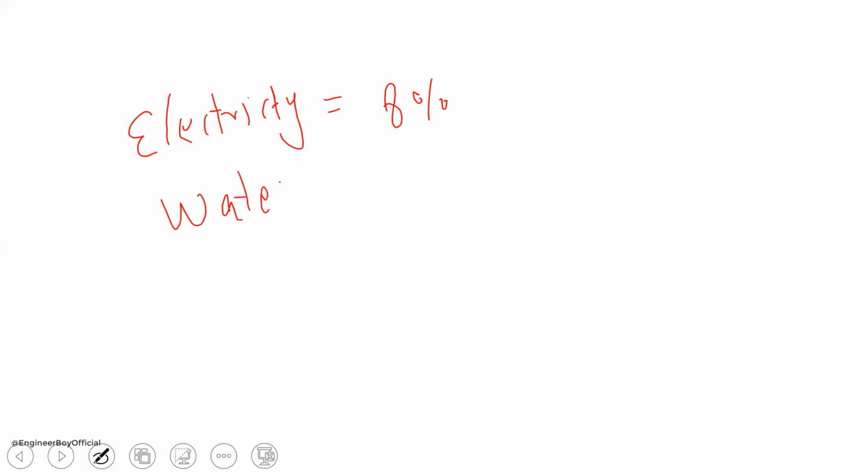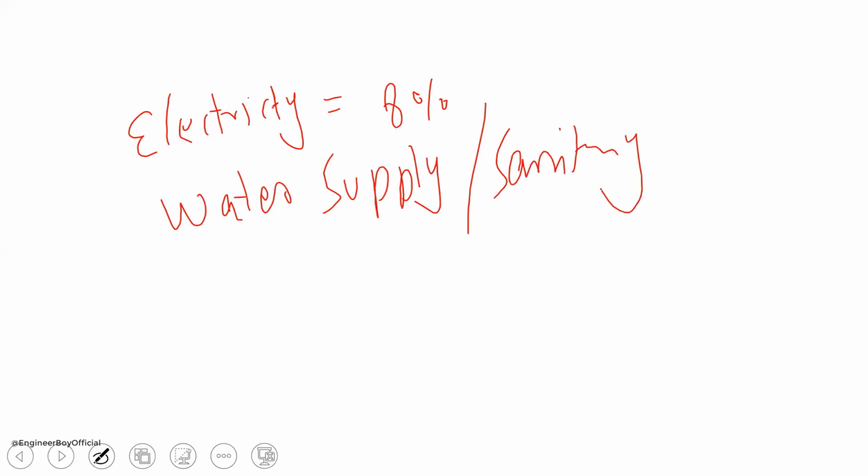And let's see how we can do it. Normally for electricity, we take the cost as 8% for the building. And then for the water supply and sanitary, that should maybe be 4% for each. It means 8% for both.